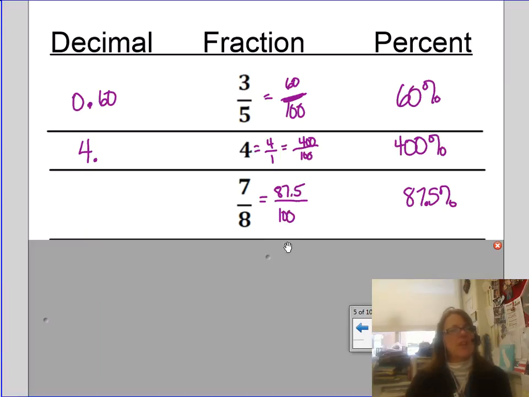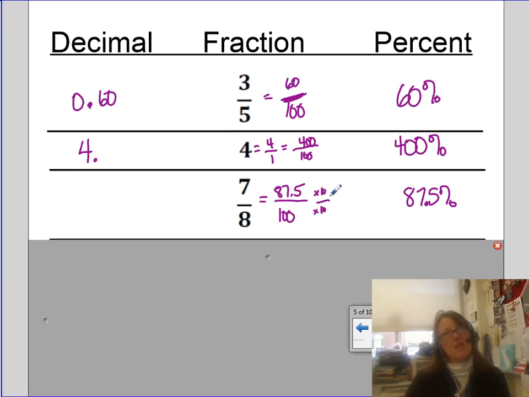Looks a little weird. Usually you like your denominator as tenths, hundredths, thousandths, 10,000ths to make that look right. We can take care of this decimal and rewrite this fraction if I multiply by 10 over 10, because that's just 1.